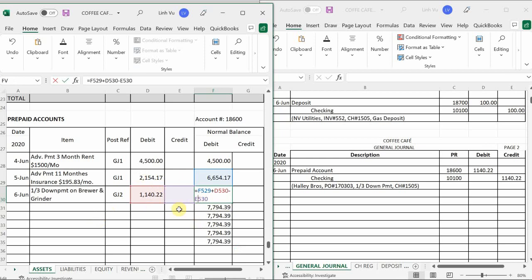It will take the next row down. So in this case, it will take my 66 54 17. It will add the 11 40 22, and it will subtract 0 to get me a total ending balance of 77 94 39.